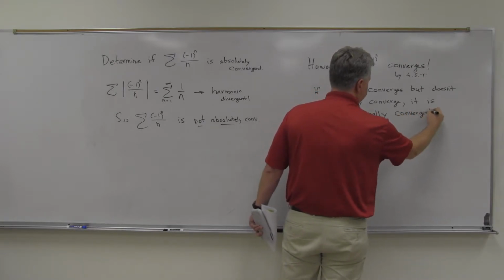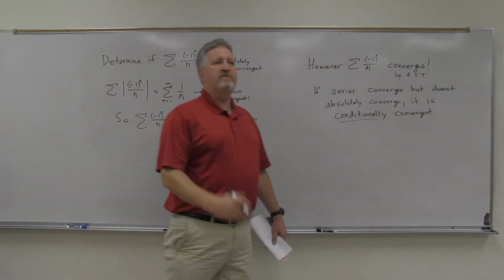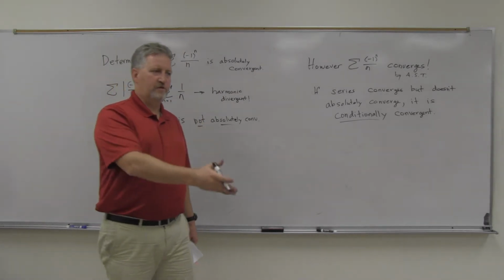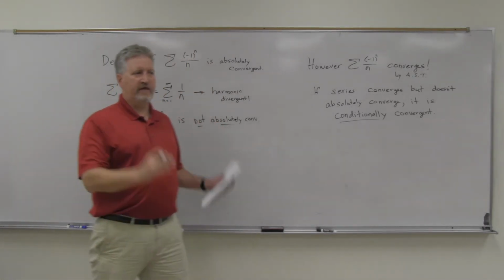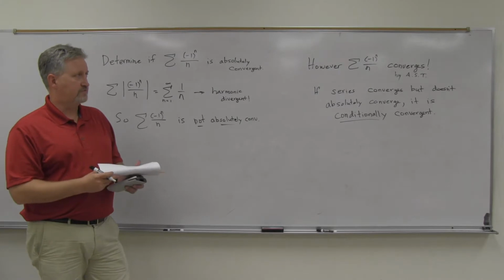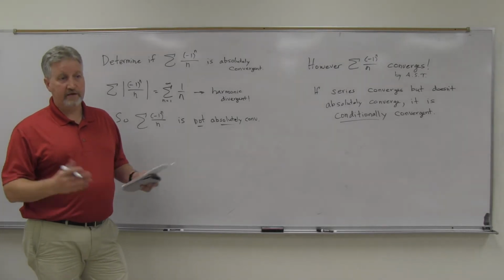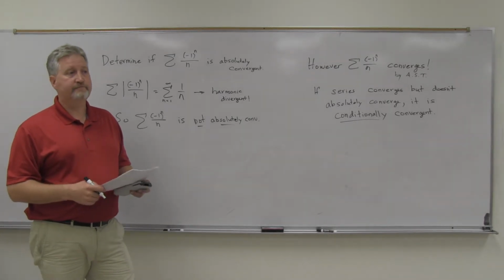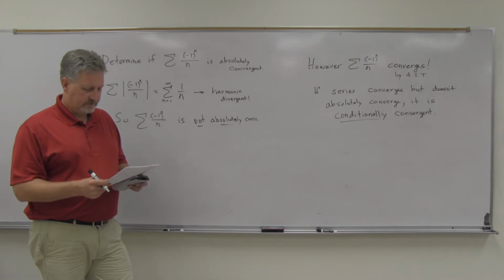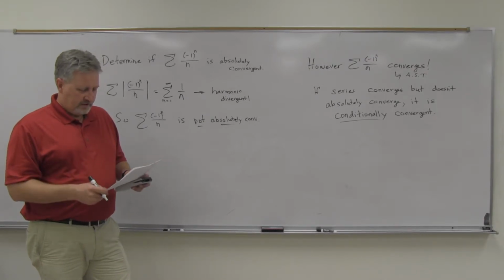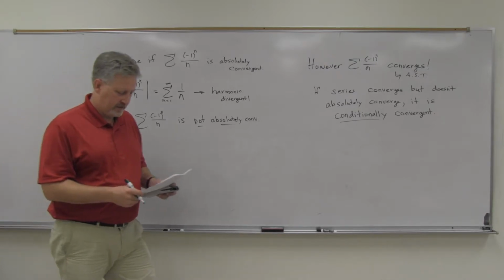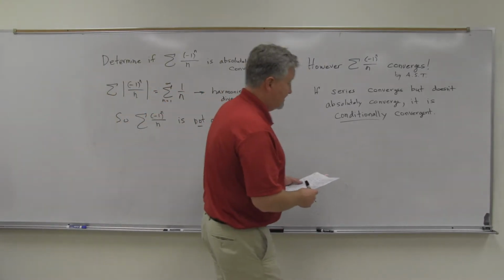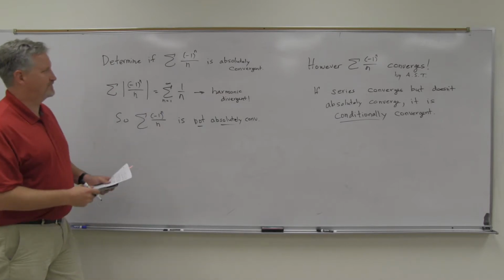If you see that term, that's what it means. You can't take the absolute values and get it to be convergent, but it still does converge. That's a good example.